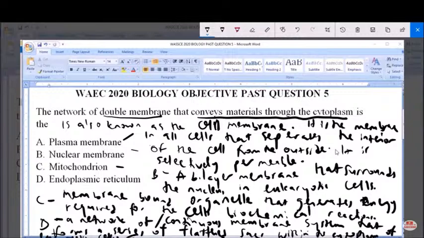Now, its main function is transport of proteins as well as synthesis. It also assists in the synthesis, packaging, but mainly for the transport of proteins and other materials within the cytoplasm of eukaryotic cells.